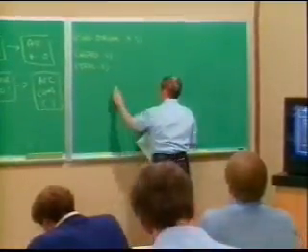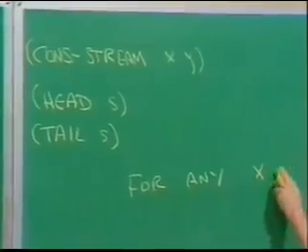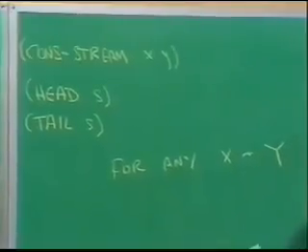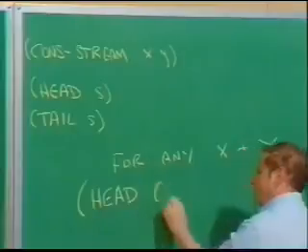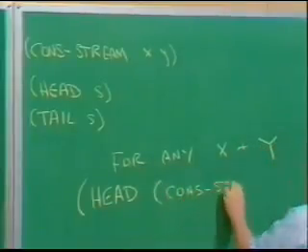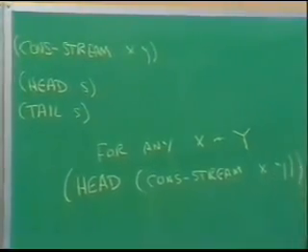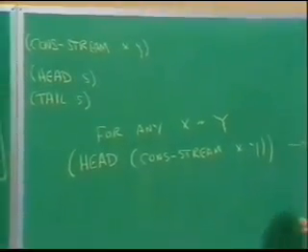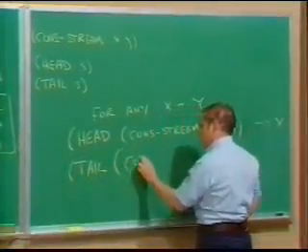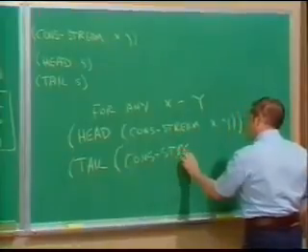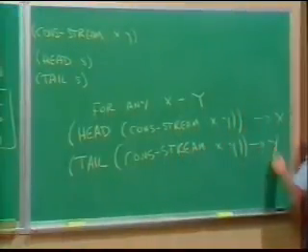For any x and y, if I form the constStream of x and y, the head of it is going to be x, and the tail of constStream of x and y is going to be y.